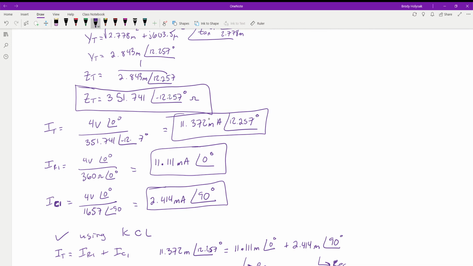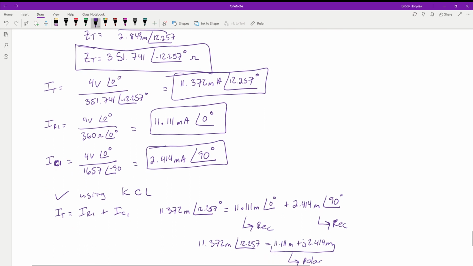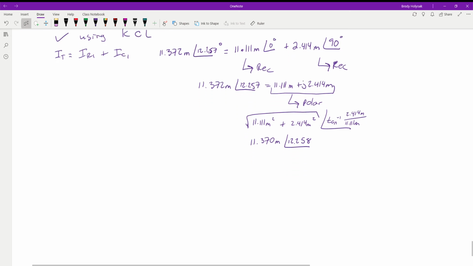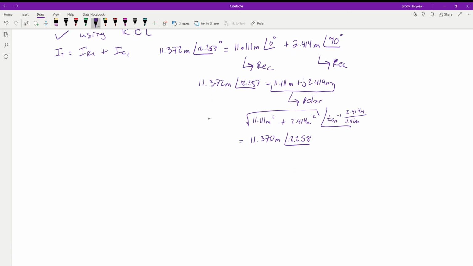Sorry about that. There we go. Everything else should work out good now. So we can double check our answer. We have 11.372 milliamps at 12.257 degrees is equal to this value.